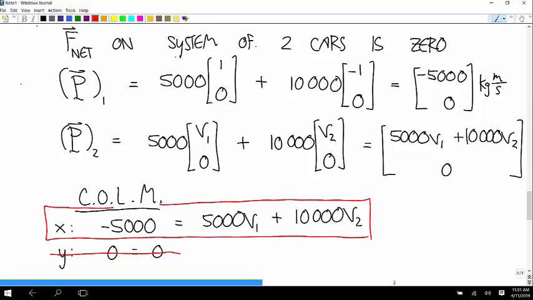So can we solve the X equation to figure out the velocities of the two cars after the collision? No, we have one equation for two unknowns.